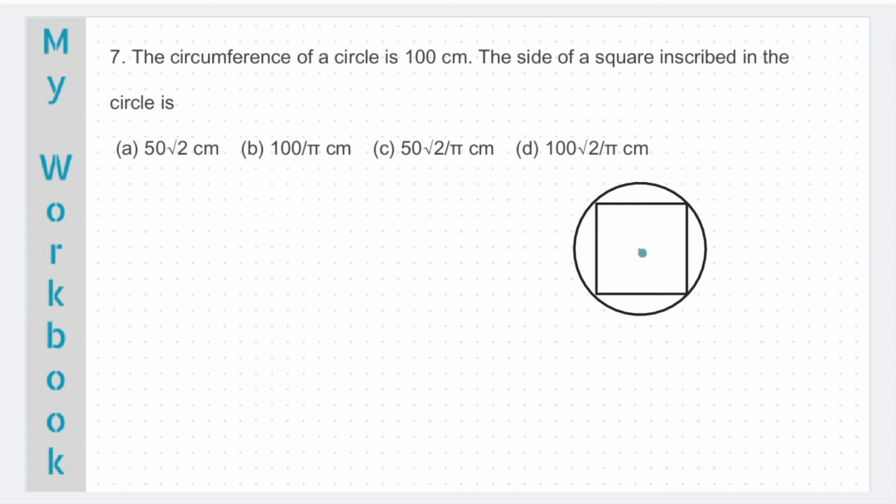Let this be the center of the circle. We are given that the circumference of the circle is 100 centimeter. We need to find the side of the square.